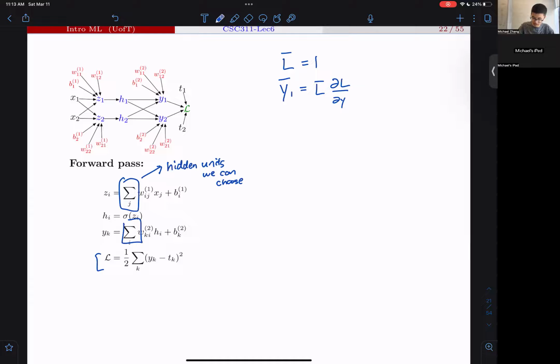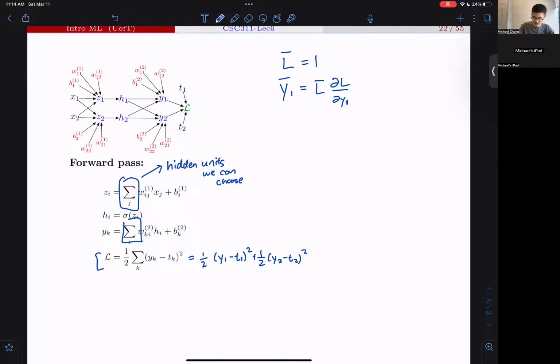So if we write this out, we have 1/2 (y1 minus t1) squared plus 1/2 (y2 minus t2) squared. So if we're taking the partial derivative with respect to y1, we just get something from this first term here. So we have L bar times (y1 minus t1).